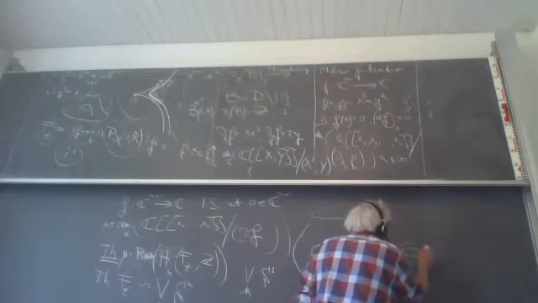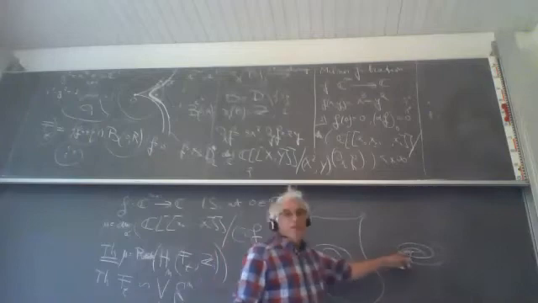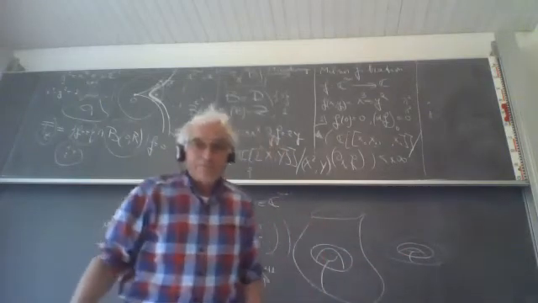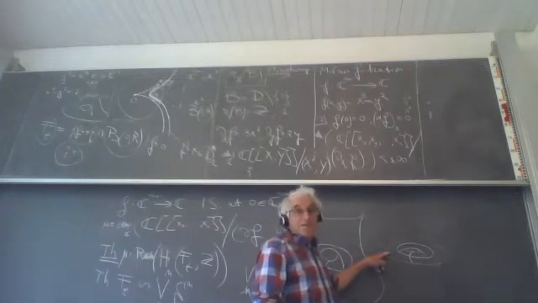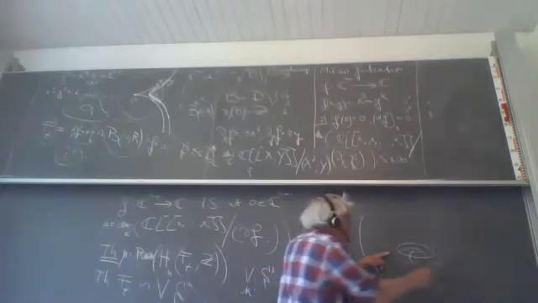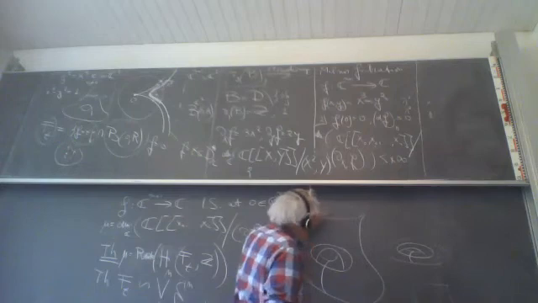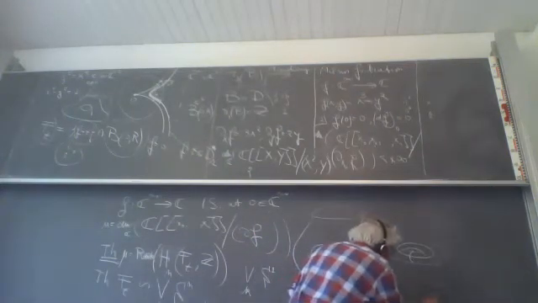And now we have this circle and this circle. And the complement of the two circles on the torus is a square. So this complement is a square. Abstractly, a square. And here we remove a disk, but from the square I can remove a little square.